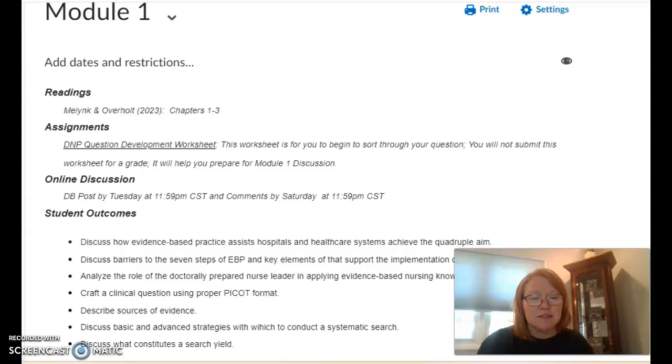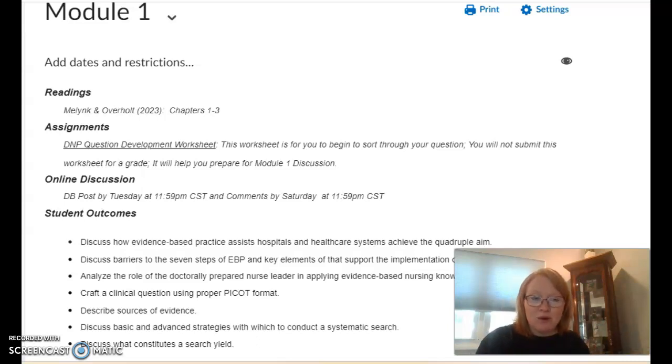Now, some of your databases will save your searches. I tend to use the paper and pen method. So if I'm searching CINAHL and I combine these two keywords, I'll simply write those down on my notepad and I'll write down how many articles were yielded from those two keywords being combined. So I'm kind of old school, but some of the databases will save your search strategy for you.